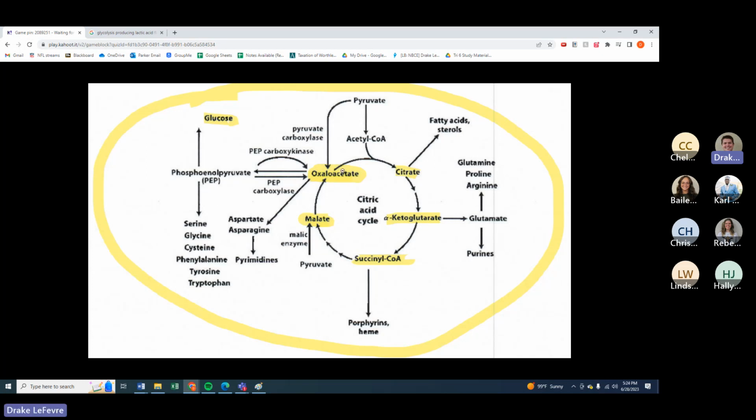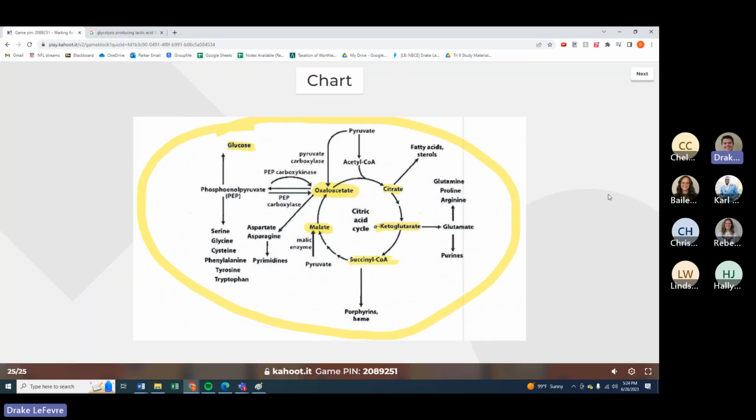He likes to ask about tyrosine and tryptophan, as well as aspartate and asparagine to pyrimidines. Those are two that strike a chord in my brain. And then a little bit of the PEP carboxykinase as well. I recall that being something he would occasionally talk about.